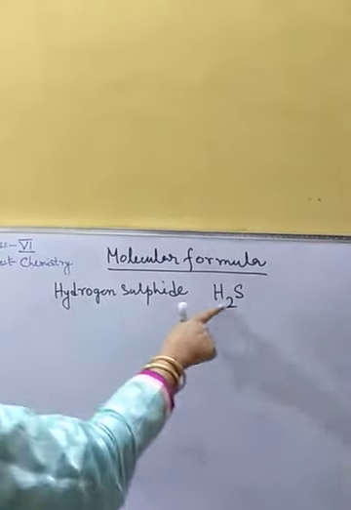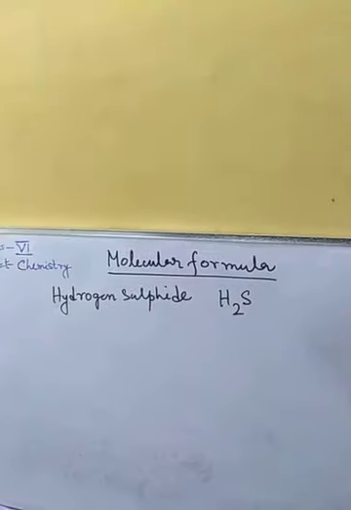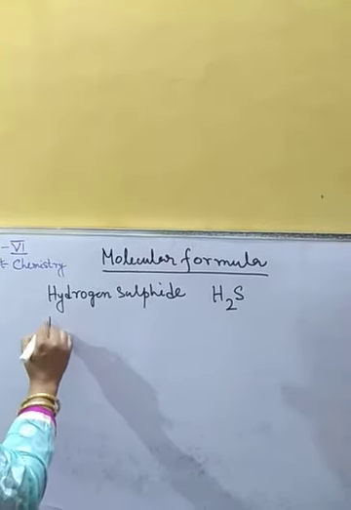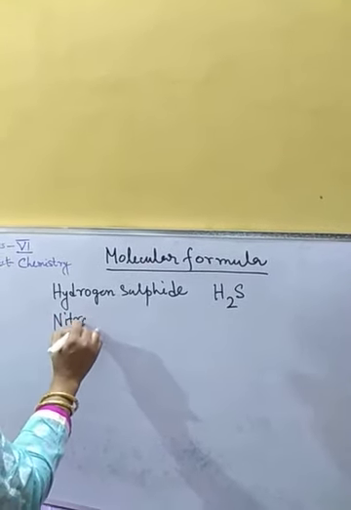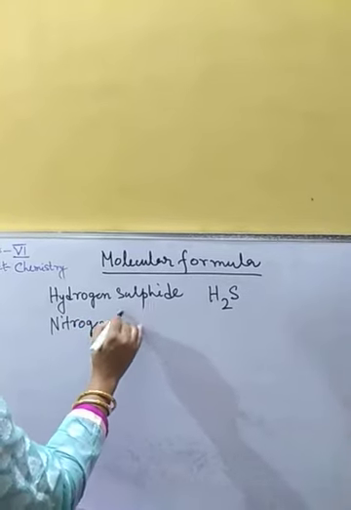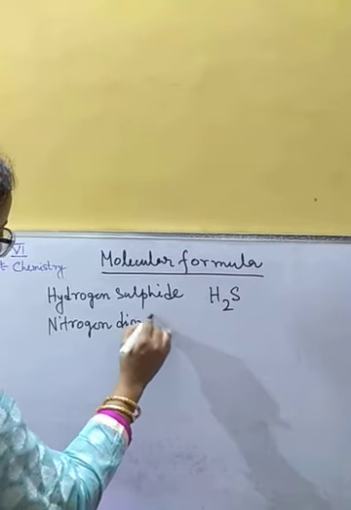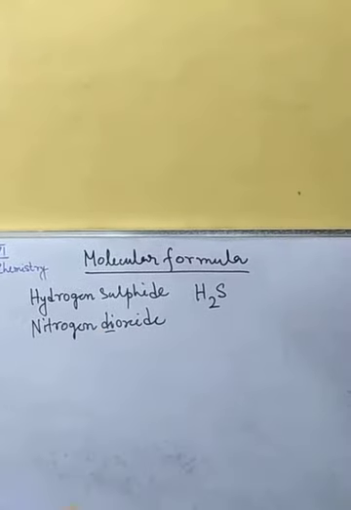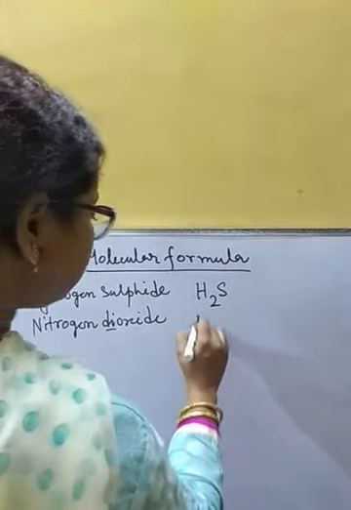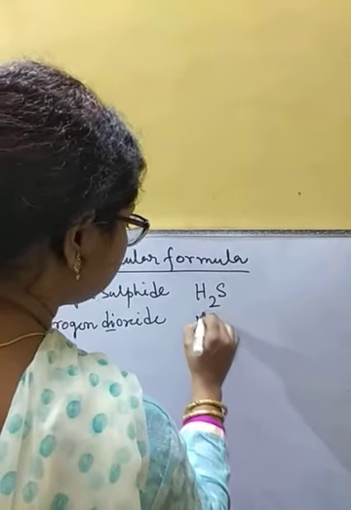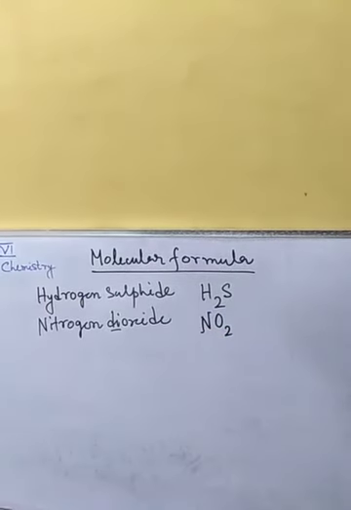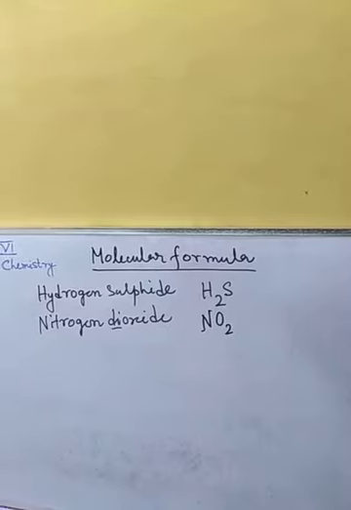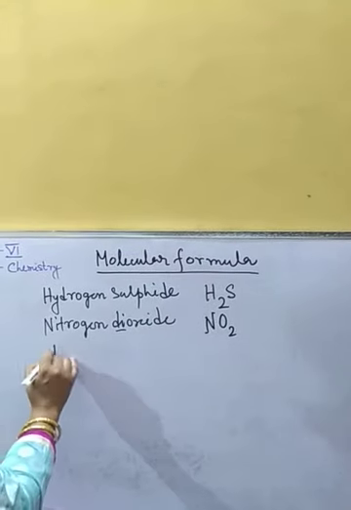Next, we have nitrogen dioxide. As we have done carbon dioxide and carbon monoxide, di means 2, so nitrogen along with 2 oxygen. So NO2, nitrogen dioxide.